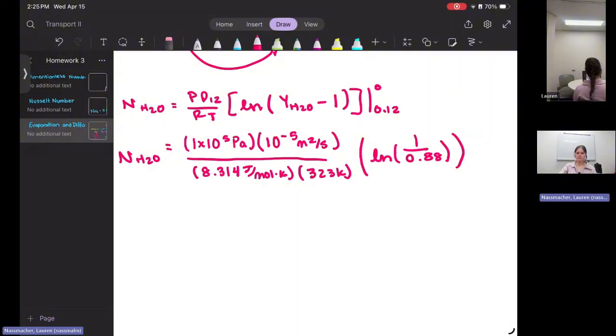If you do the math, you get 4.76 times 10 to the negative 5.